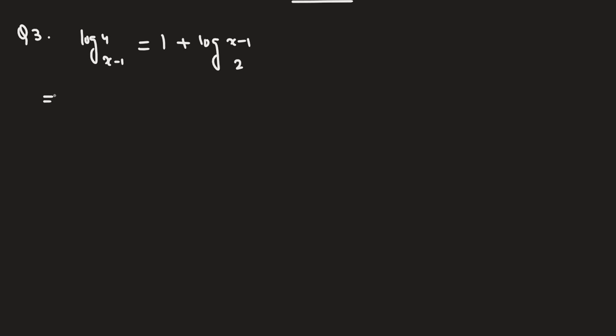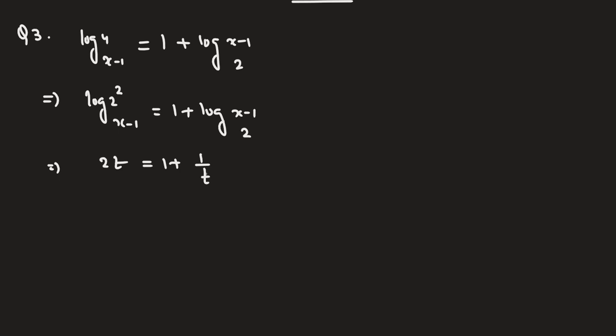Now log 4 we can write as log 2 square, which is x minus 1, equal to 1 plus log x minus 1 base 2. So here we have 2t is equal to 1 plus 1 by t. Here I consider t is equal to log of 2 with base x minus 1.